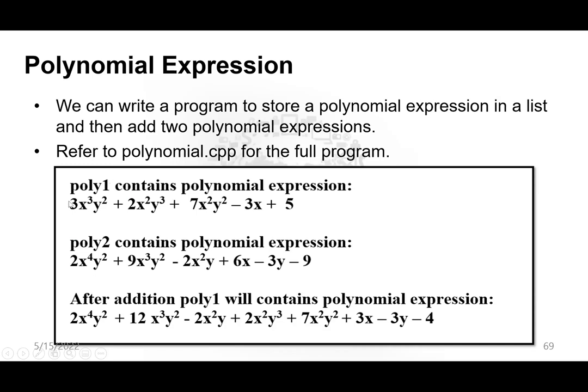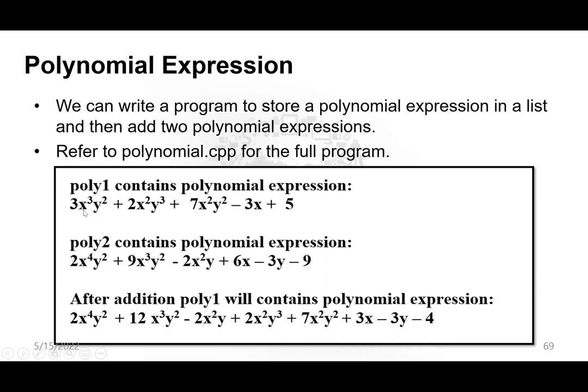For example, let's say the first polynomial expression you have is this, we call it poly 1, and the second one is this poly 2. After addition, we will store the result of the addition inside poly 1. So this is addition.